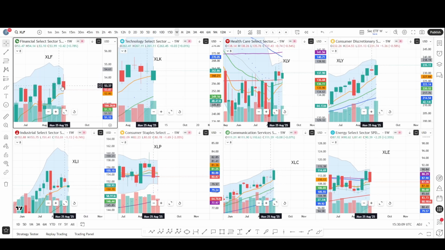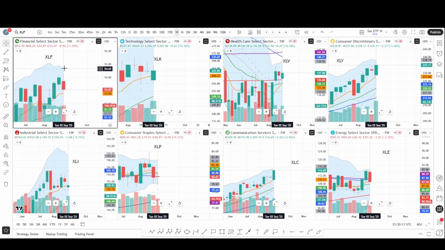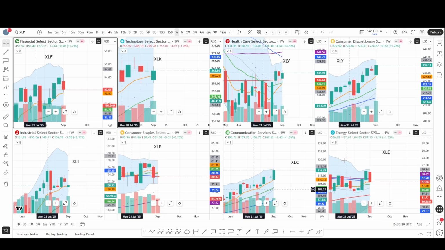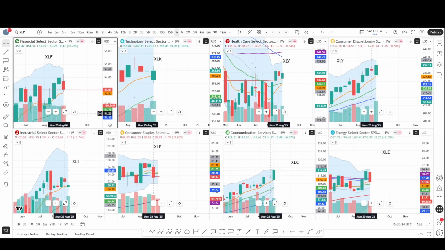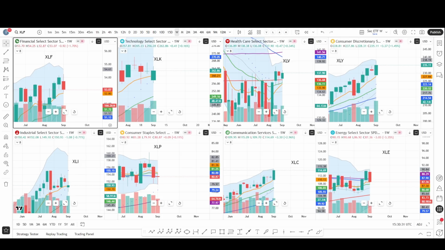So far, this potential bearish reversal is not confirmed. And the only one which is fairly strong bearish is the energy. So with this picture, I would say that the market has much better perspective to move higher next week.